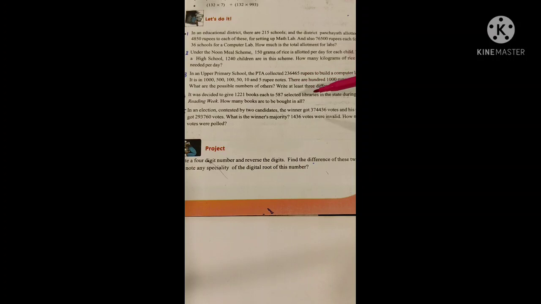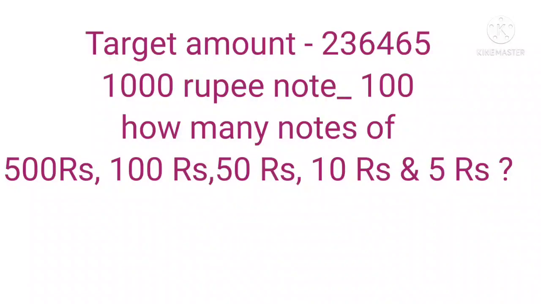You have to arrange the number of notes in order to get 2,36,465 rupees in different ways. When you arrange the number of notes, keep in mind that the total amount is 2,36,465 rupees only, and also there are 100 1,000 rupee notes. You find out the number of other notes except the 1,000 rupee note.